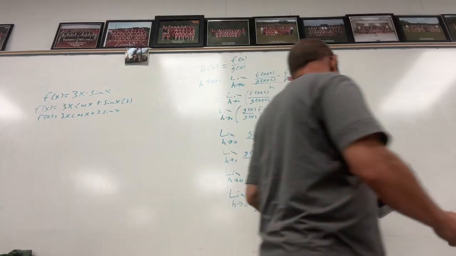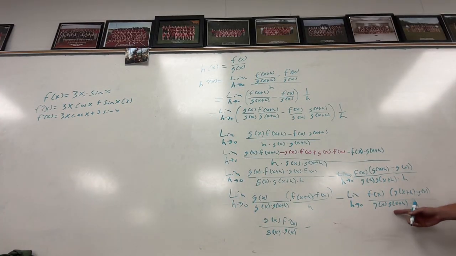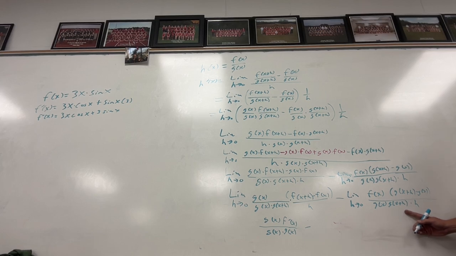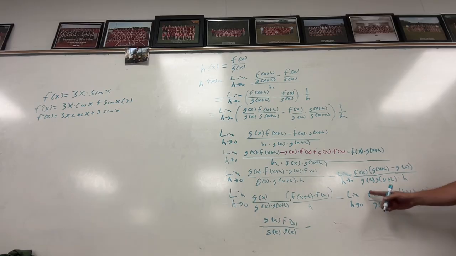Okay, what is the limit as h approaches 0 of f of x over g of x times g of x plus h? Just that part. No, that's the derivative of g of x. Is that the derivative of g of x? It's going to eventually be, but I'm just looking at this part first.